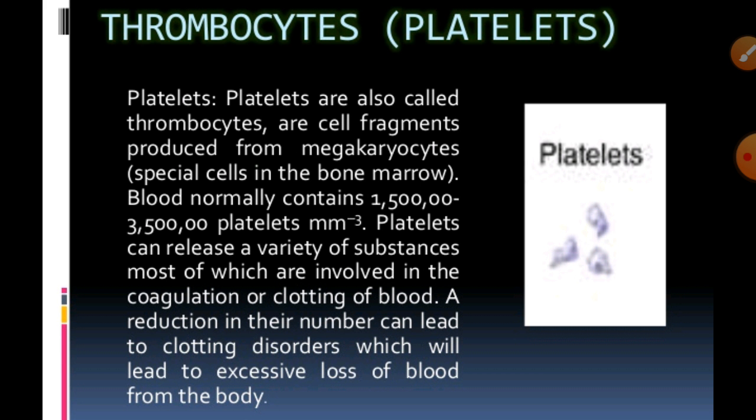The lifespan of these platelets is about 7 to 12 days, and the formation of thrombocytes is called thrombopoiesis.